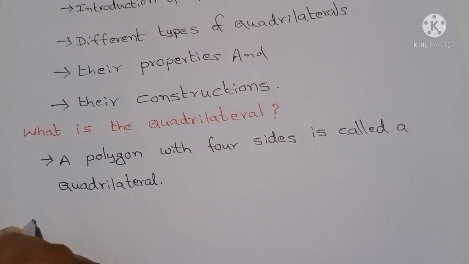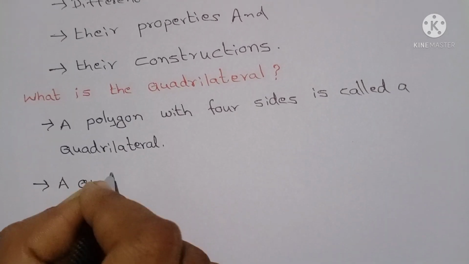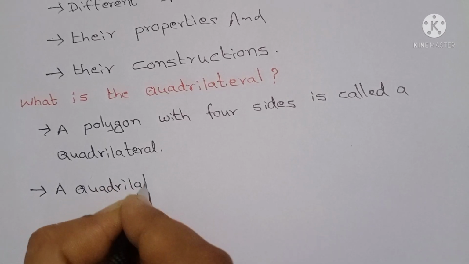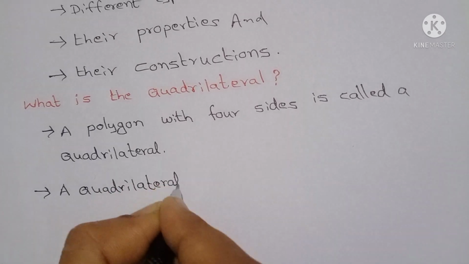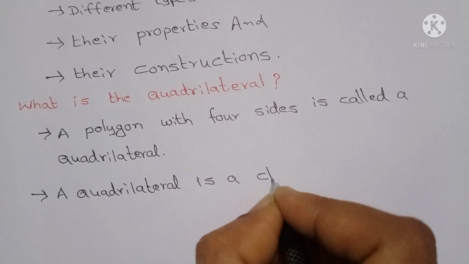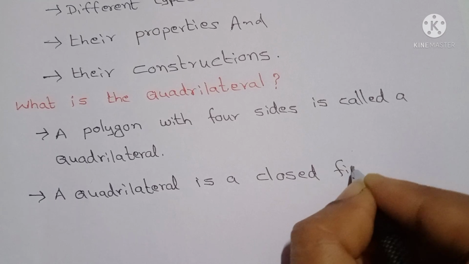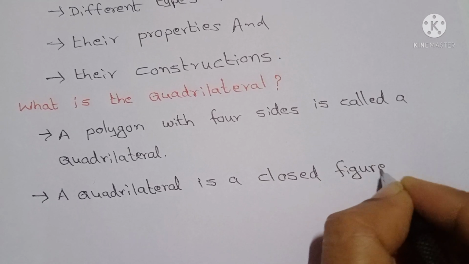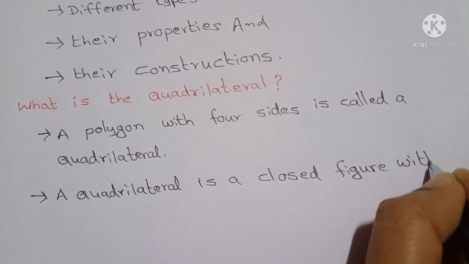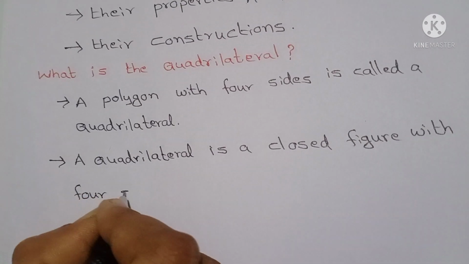It means a quadrilateral is a closed figure with 4 sides.